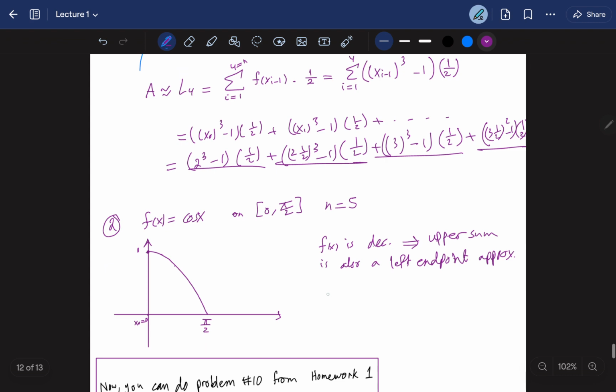Repeating the same process again, I just start by finding my width, which is b minus a over n. So you start with your x of 0 and you keep adding the width until you reach your x of n.